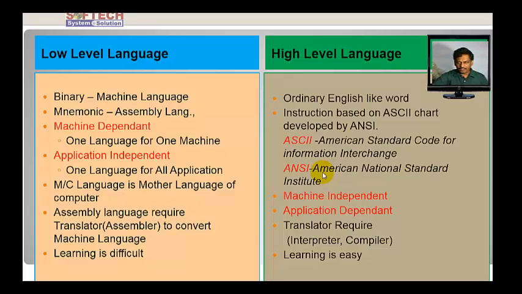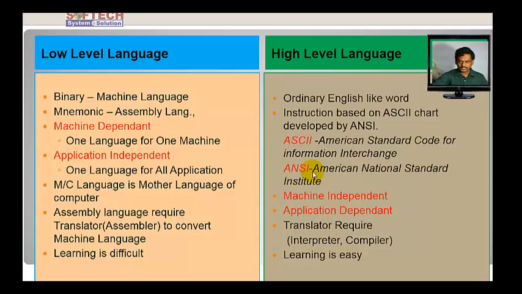If an equipment user or manufacturer wants to develop a new language, they must follow the ASCII chart. Through this chart, all languages are made machine independent.